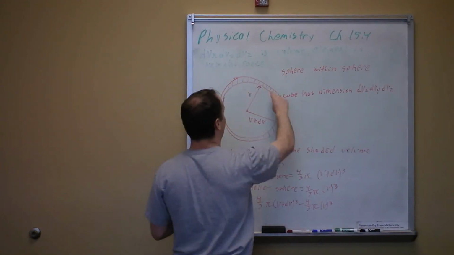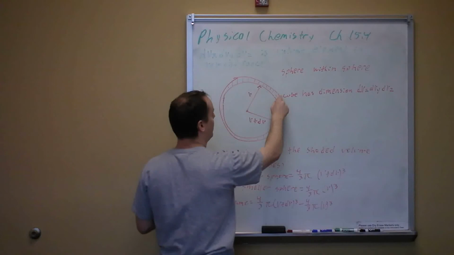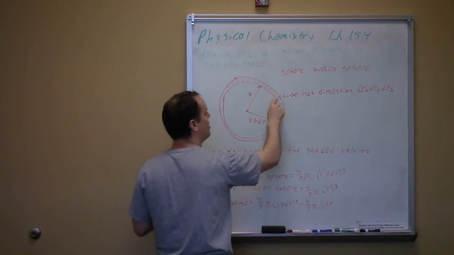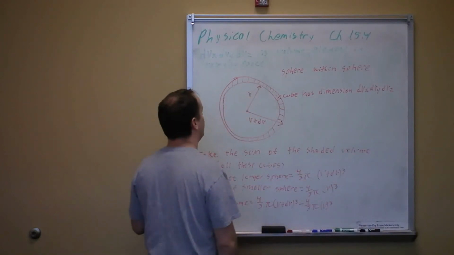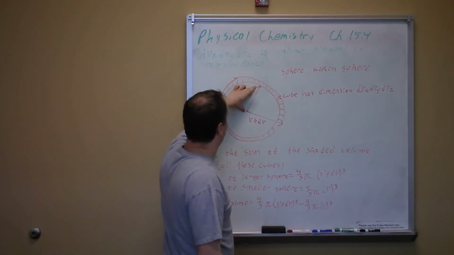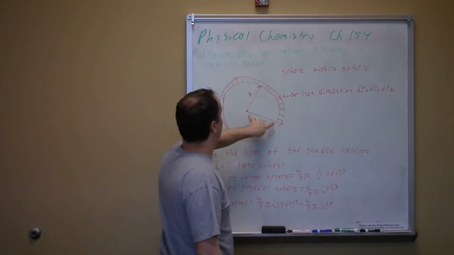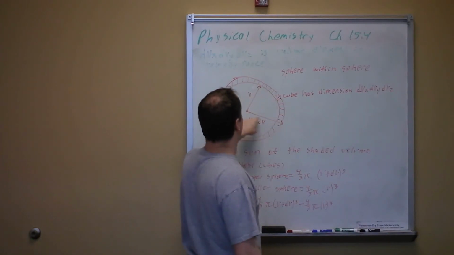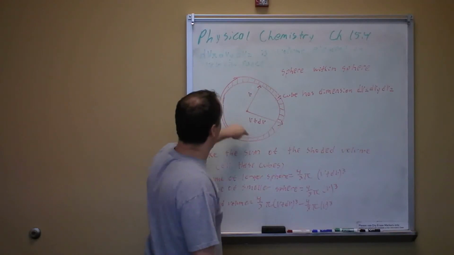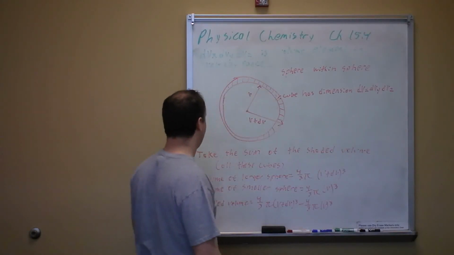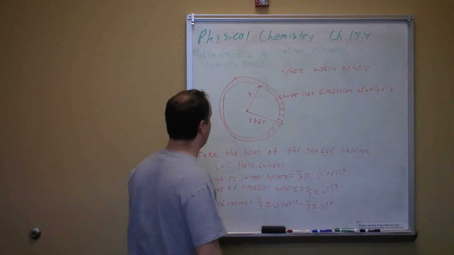Here's my sphere within a sphere, and within this shell we've got all these little cubes. Each one of these cubes has dimension dvx times dvy times dvz. Now the radius of the inner shell is our initial velocity v, and the radius of the outer shell is just v plus dv. Now we want to find this shaded volume, all these cubes added up, basically.